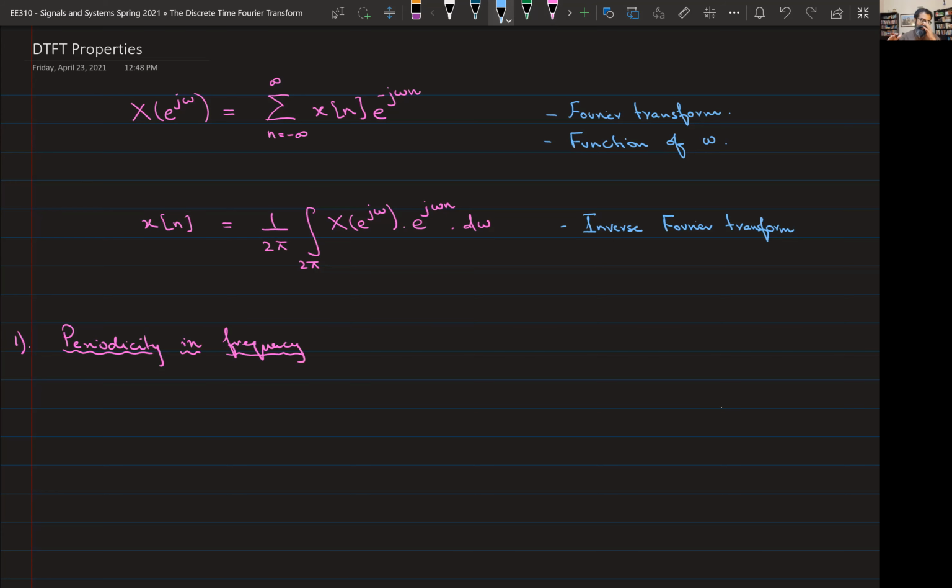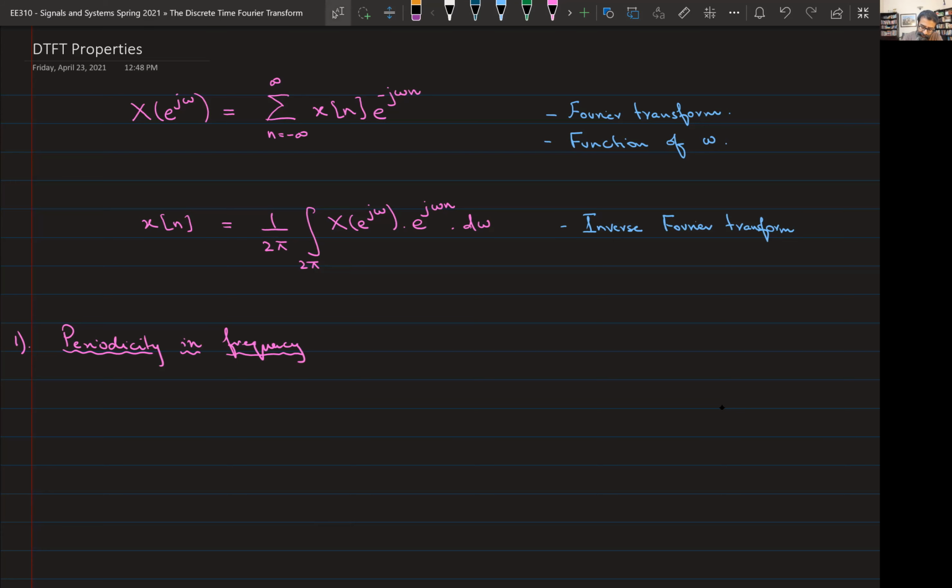Or in other words, for exponentials of frequencies greater than 2 pi, you're always going to be able to find another exponential which has a frequency in the interval 0 to 2 pi. So the unique frequencies are only between 0 and 2 pi. So there's inherent periodicity. Now, we can see that inherent periodicity mathematically as well.